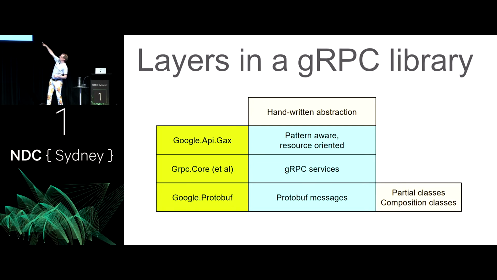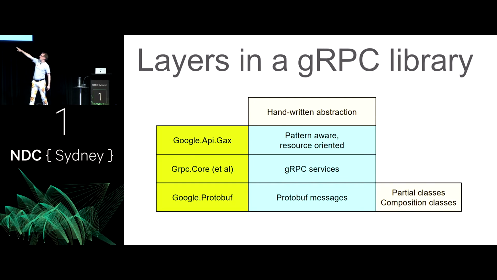So the orange bits are per API things, and the green set over on the left are the support libraries. Google.protobuf is the support for protocol buffers, so the actual serialization part. grpc.core and Google APIs auth and Google APIs core are used by the gRPC layer.